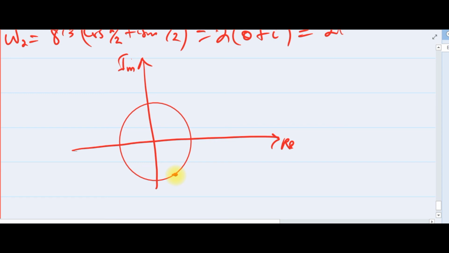This is root 3, so this is root 3 minus i. So it's a circle with the same modulus. That's the first one.